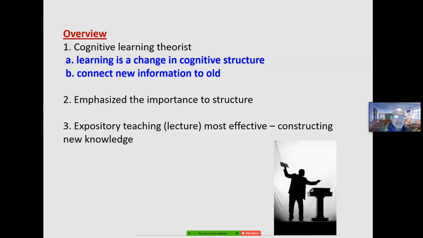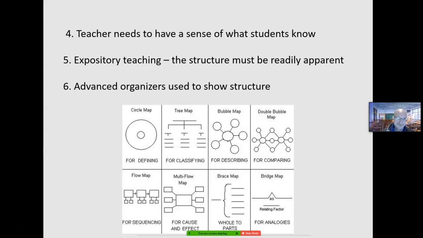He thought that lecture was the most effective in constructing new knowledge, telling people stuff, expository teaching. Now, like Bruner, he thought that teachers need to have a sense of what students know so they can get a little out in front and they can build on what they know.